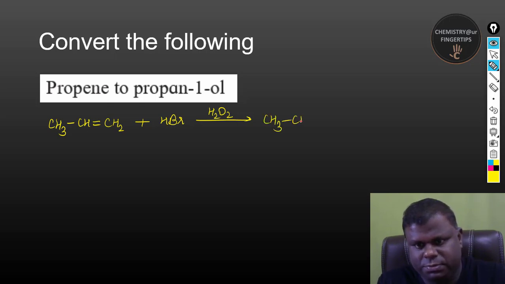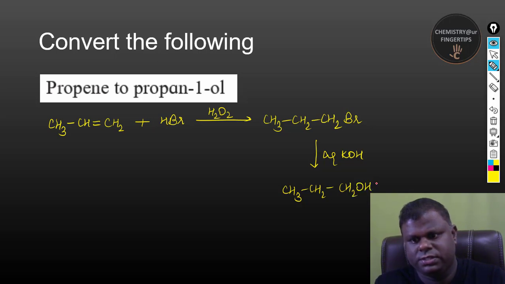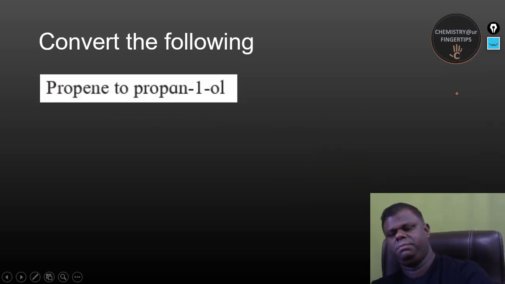CH3, CH2, CH2Br, right? And then this on treatment with aqueous KOH or NaOH, you get CH3, CH2, CH2OH. This Br goes with the K, plus KBr. Very simple and easy, right? Even though it looks indirect, it's simple and easy.